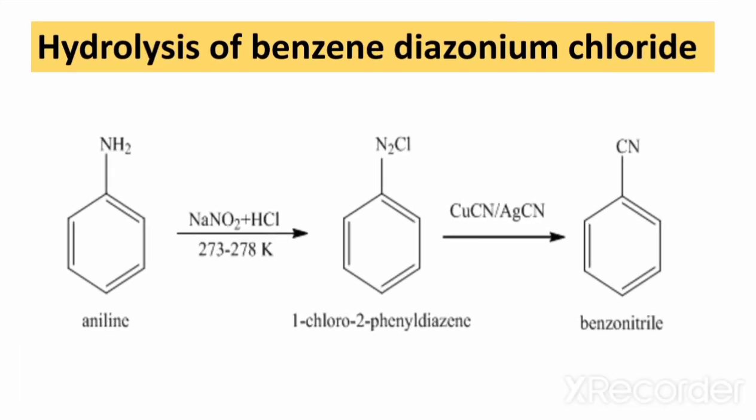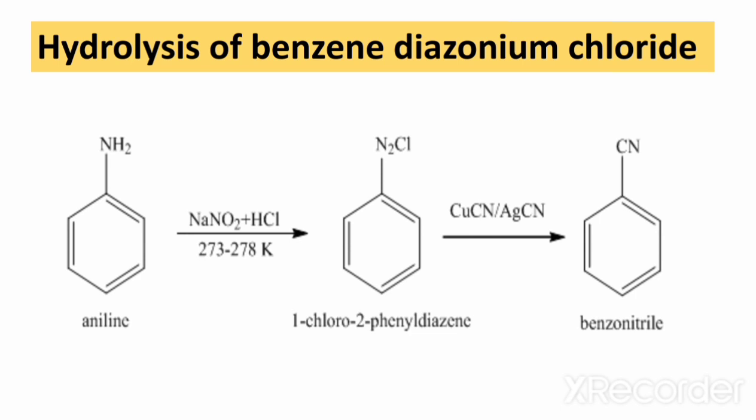And the other is hydrolysis of benzene diazonium chloride. Basically, it starts with aniline, the benzene that has nitrogen on it, known as aniline.